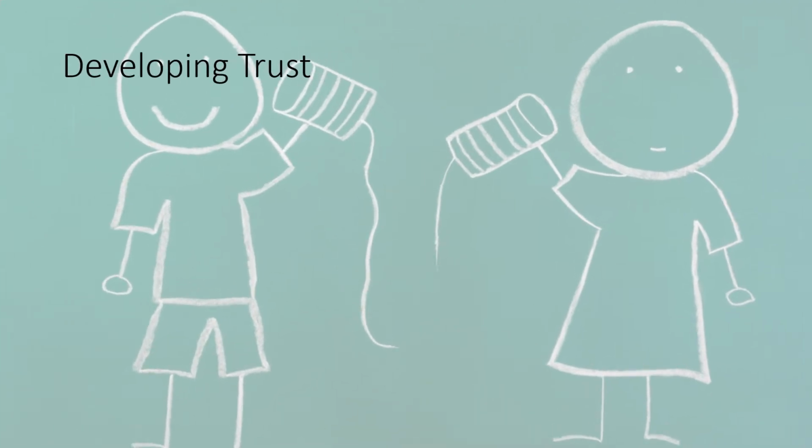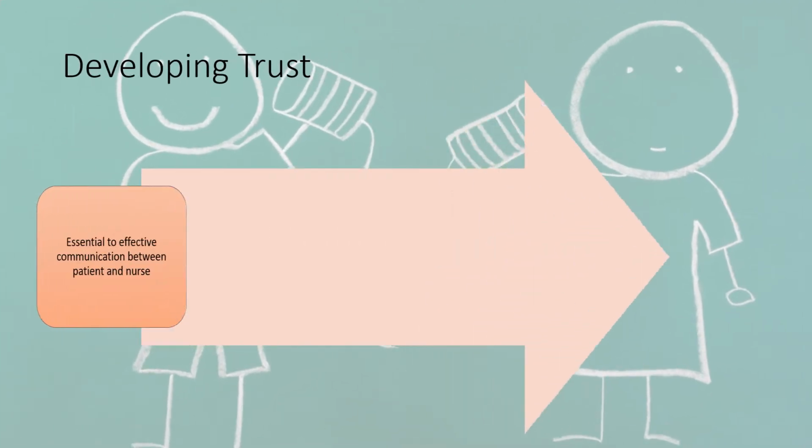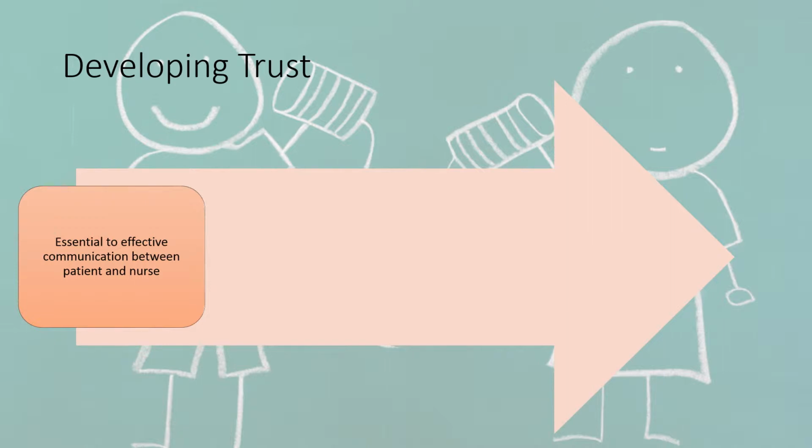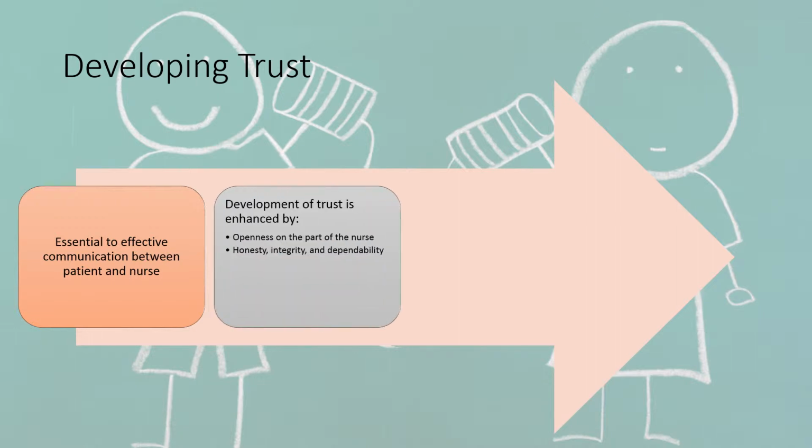One must develop trust. Trust between the nurse and the patient is essential, just as trust between colleagues enables effective communication. Development of trust is enhanced by openness on the part of the nurse, honesty, integrity, and dependability.